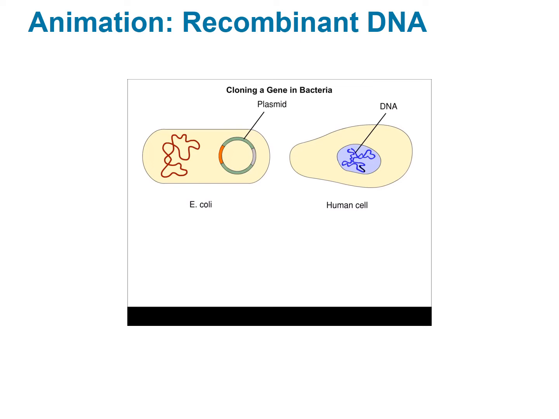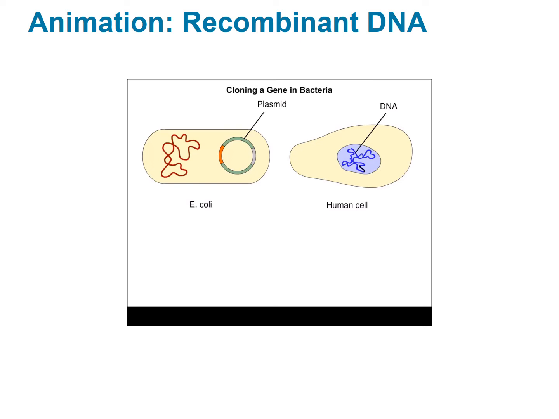The same enzyme is used to cut up DNA obtained from a human cell. The restriction enzyme produces DNA fragments that have matching sticky ends that join by complementary base pairs. An enzyme called DNA ligase forges covalent bonds that join human and plasmid DNA, creating recombinant DNA.